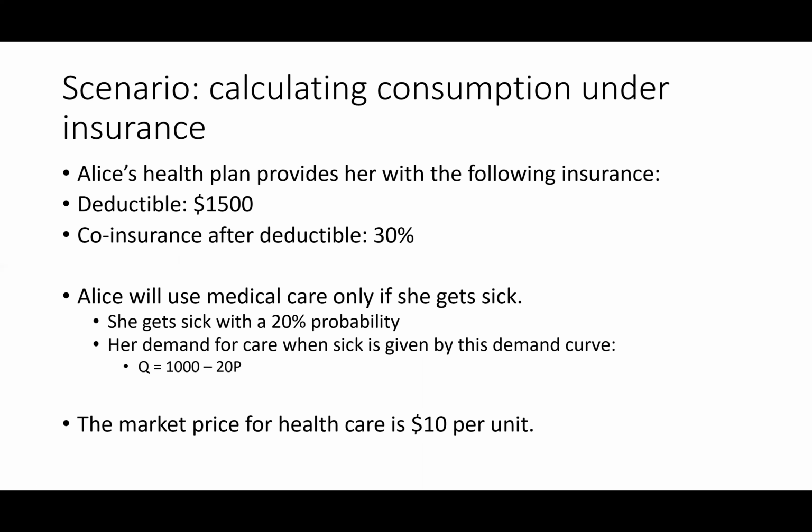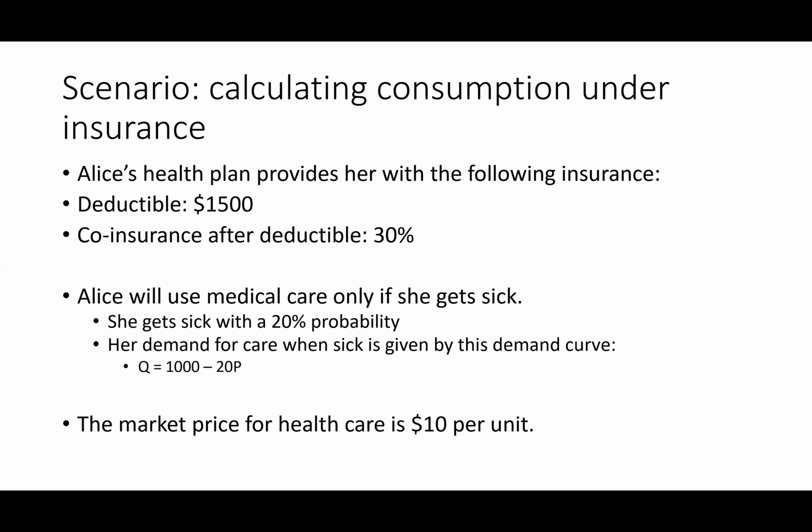So let me get moving here. All right, so here's the scenario. We're looking in this case to calculate some consumption and other things under insurance. Let's say we have someone named Alice, and Alice's health plan provides her with the following insurance. She's got a deductible of $1,500, and the co-insurance that she faces after that deductible is 30%. Now remember, a deductible just means that the insurance company isn't going to chip in until you've paid that amount.